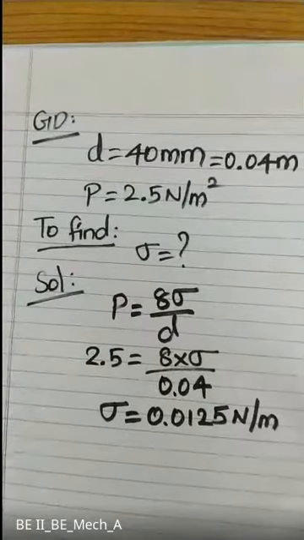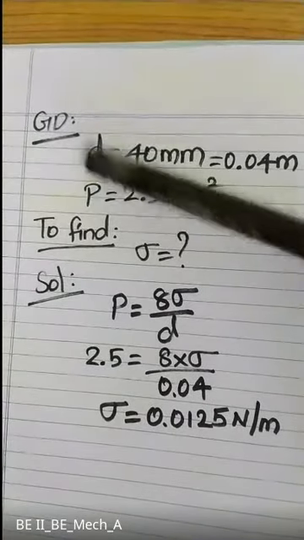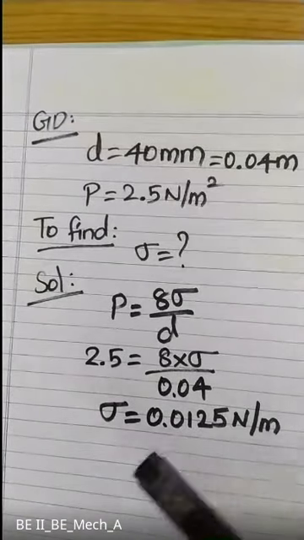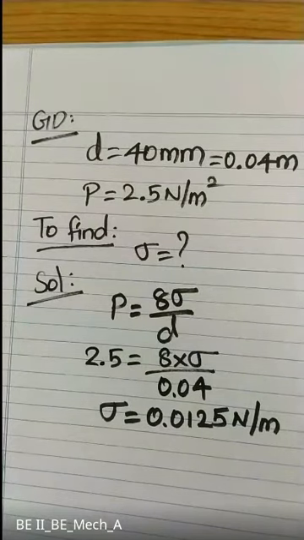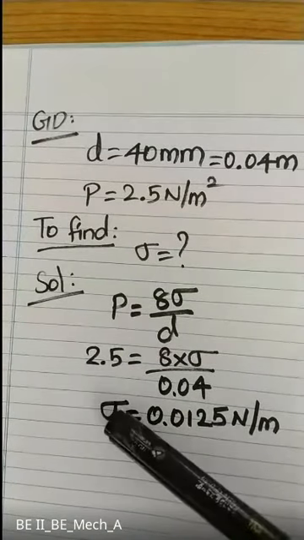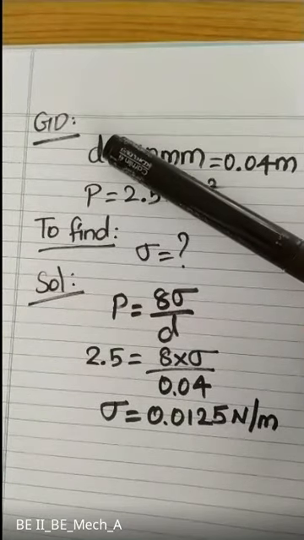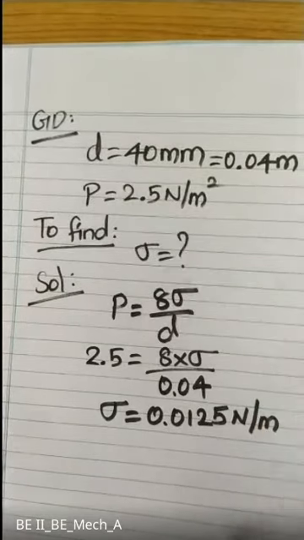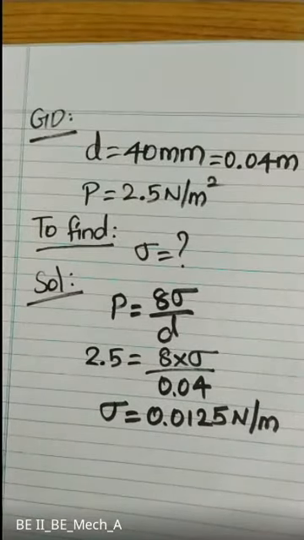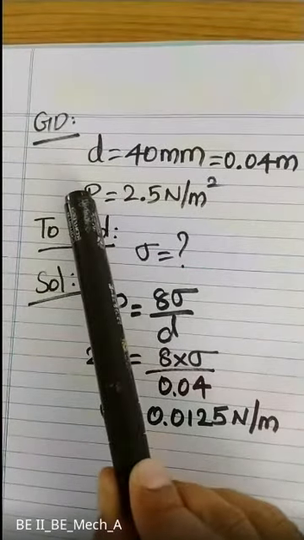Similarly, you'll be having different kinds of problems. In this problem, we have a value of pressure and diameter, so we have to find the surface tension. In our previous problem, we had surface tension and also pressure, so we found the diameter value. In some problems, they will provide the value of surface tension and diameter, so you have to find the pressure. But remember that if you are finding the pressure, it is not the pressure inside the cylinder.